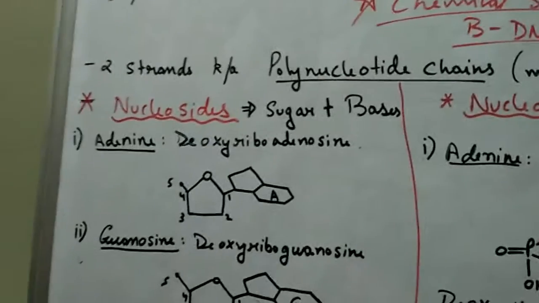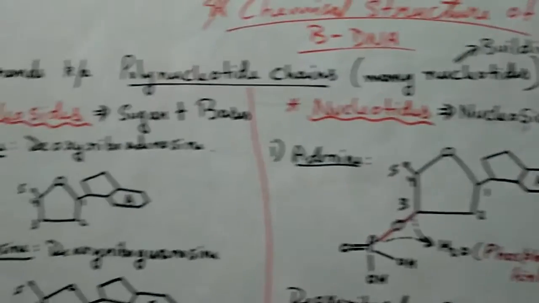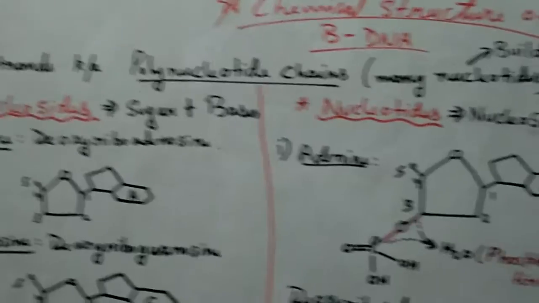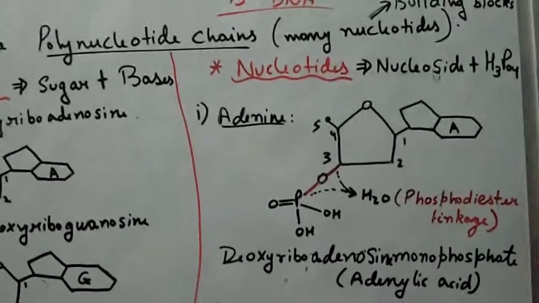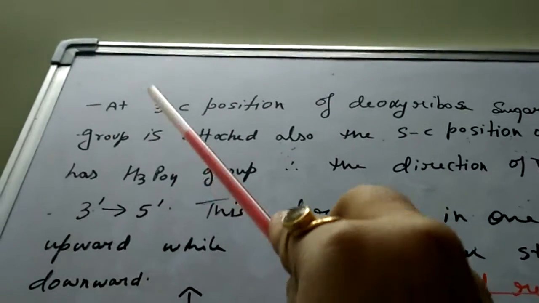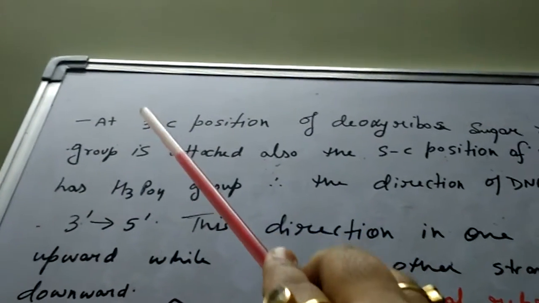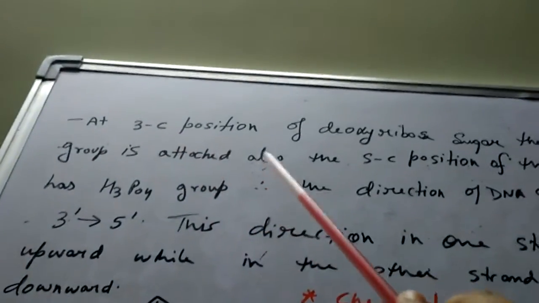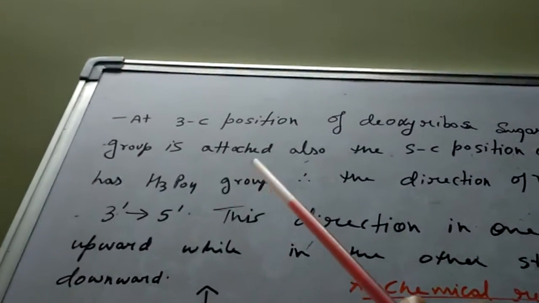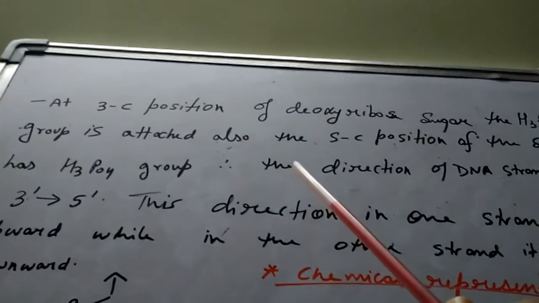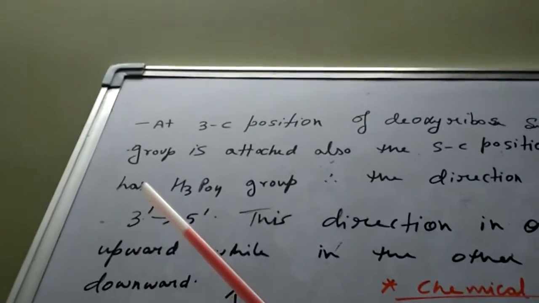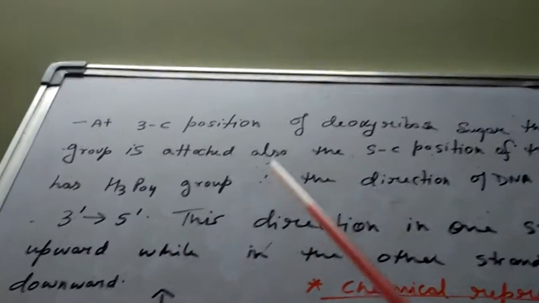So just have a look at both these nucleosides and nucleotides. At the 3' position, or 3 carbon position, of the deoxyribose sugar, the phosphate group is attached. Also, at the 5 carbon position of the sugar, we have the phosphate group.